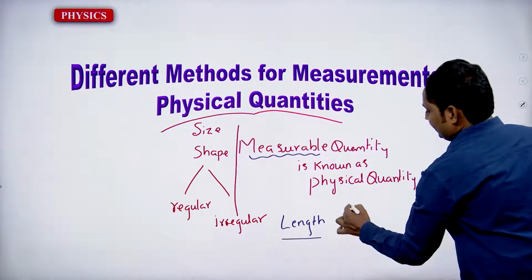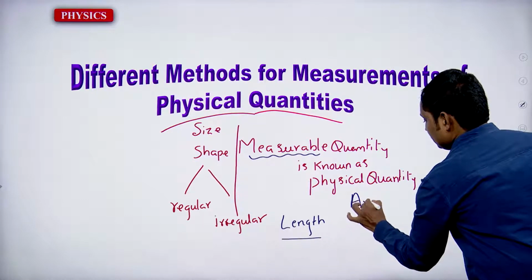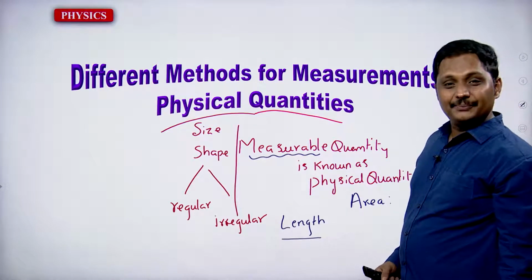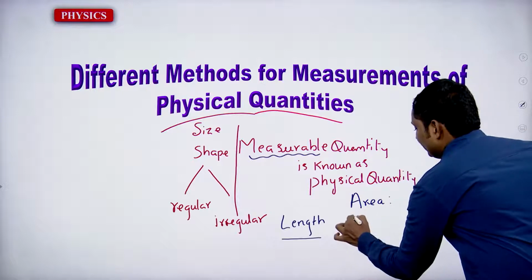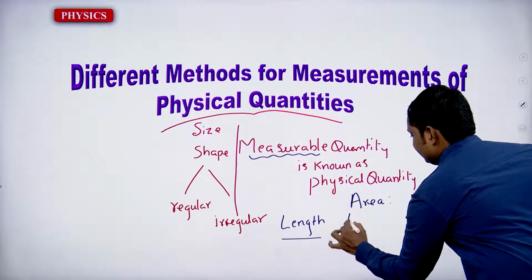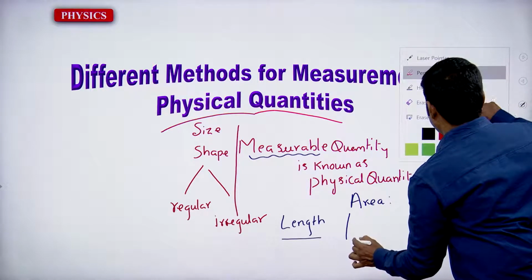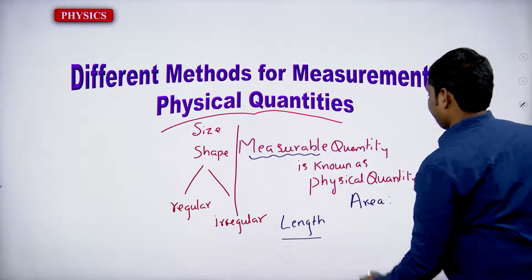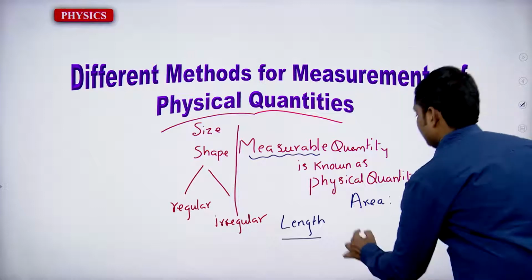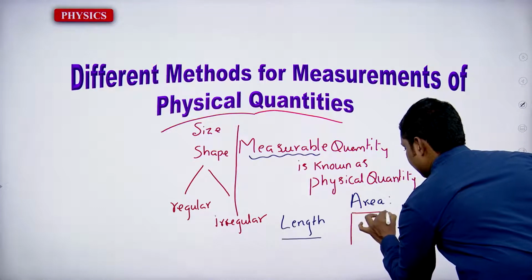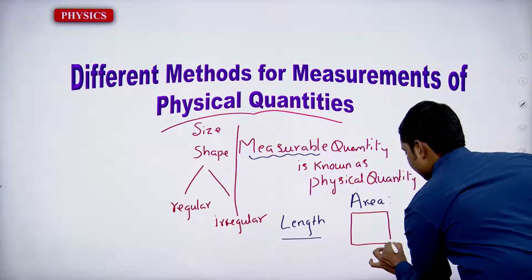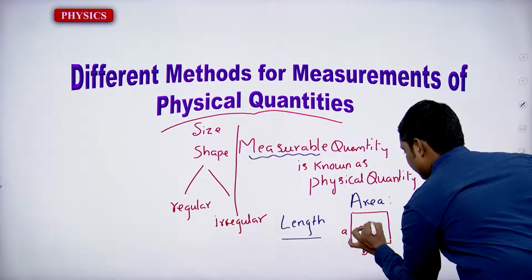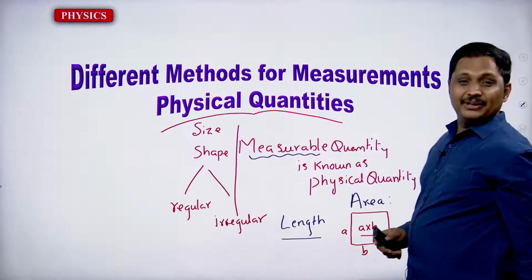While for area, it is also measurable, and you can easily find it out. So area is A cross B, very clear.